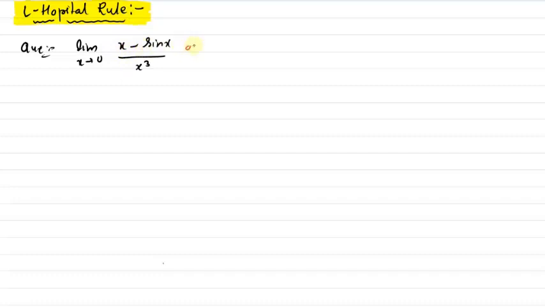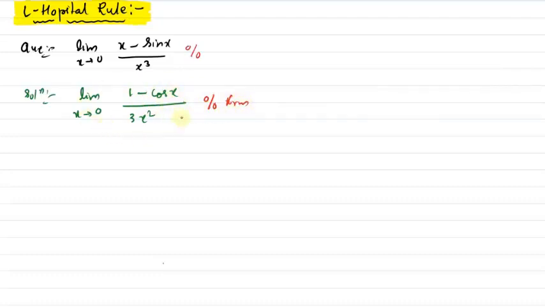So we'll apply the L'H rule. When we apply L'H rule, we get limit x tending to 0. In the numerator, differentiation of x is 1, differentiation of sin x will be cos x, divided by differentiation of x cube, which gives 3x square. Now again, if you put the value of limit, it is coming out 0 by 0 form again.